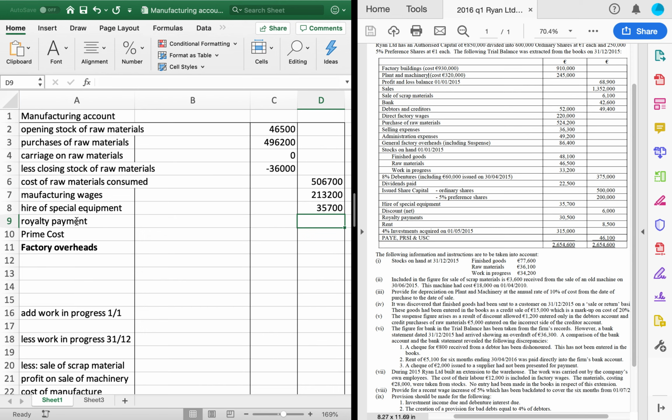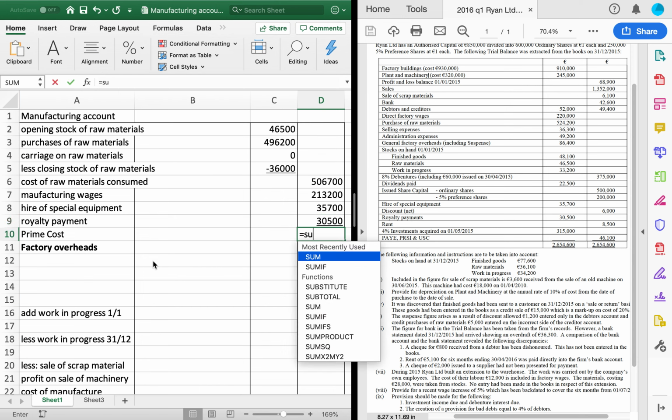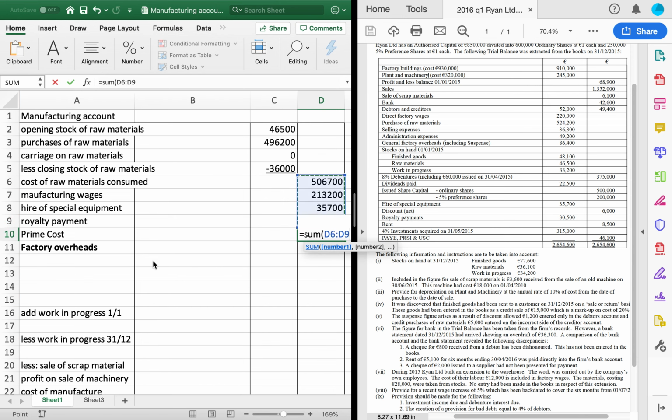But it's actually a prime cost or direct cost. So that 30,500 goes in there. So we add those all together, and that'll give us our prime cost of 781,600.